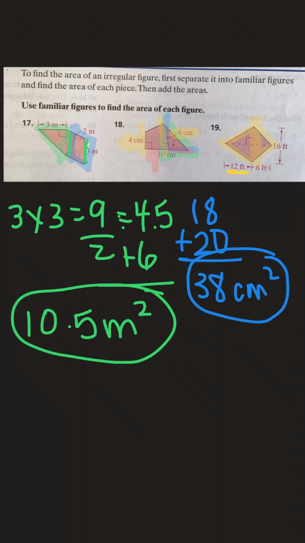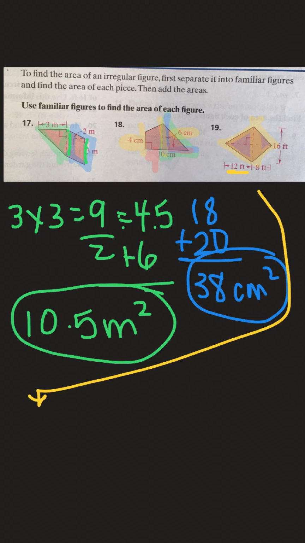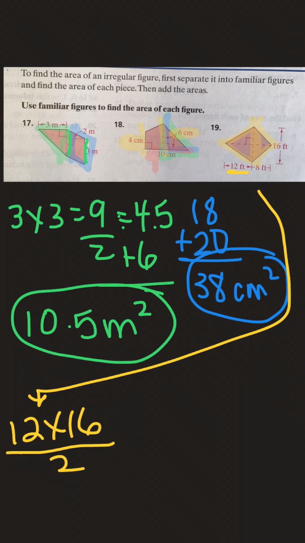So if we go 12 times 16, let's do this over here. 12 times 16 equals 192. Divide by 2, or multiply by 1/2, equals 96.